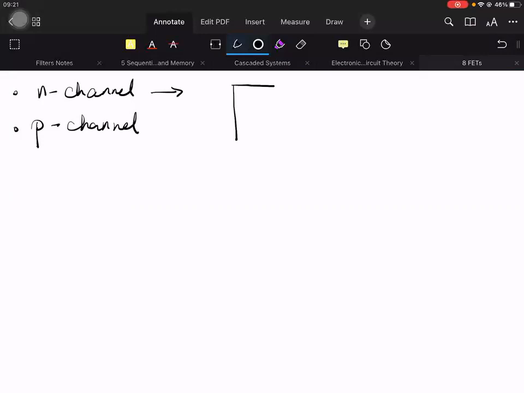Unlike the BJT, which has three layers, the FET only has a single layer. If it's made of an N-type material, it's an N-channel JFET. If P-type material, a P-channel JFET. So this is completely an N-type material.